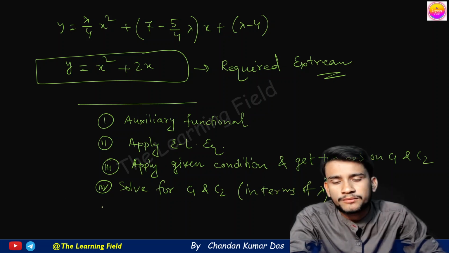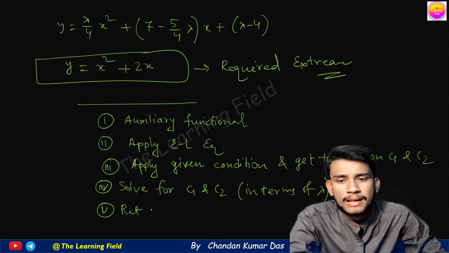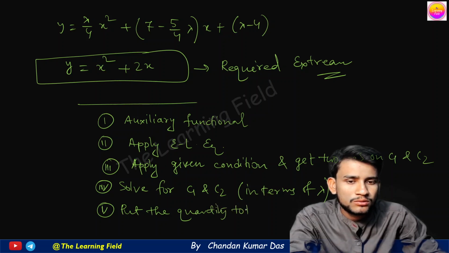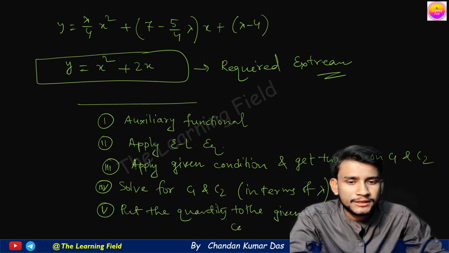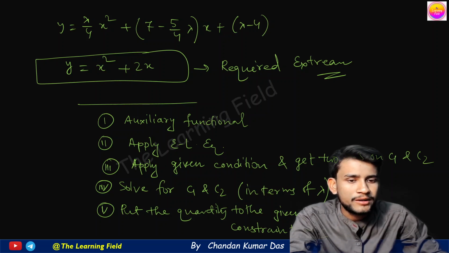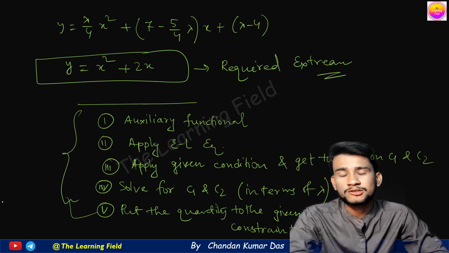Then put the quantity into the given constraint to get lambda. Okay, so these are the steps for the isoperimetric problem.